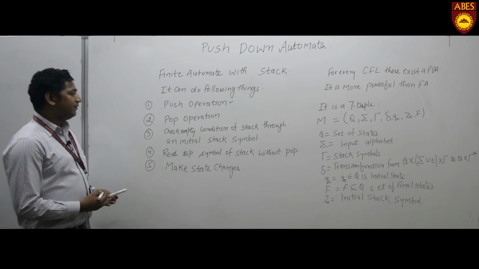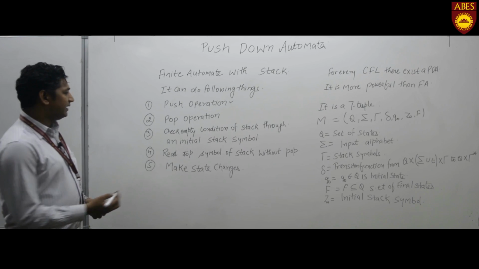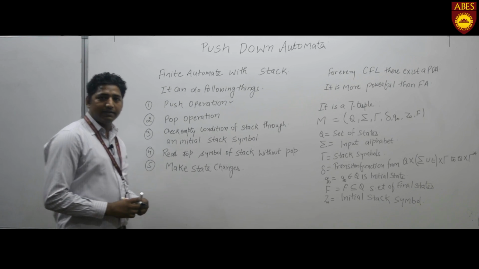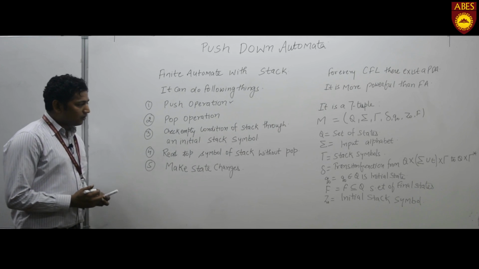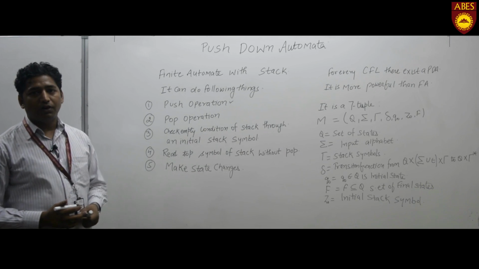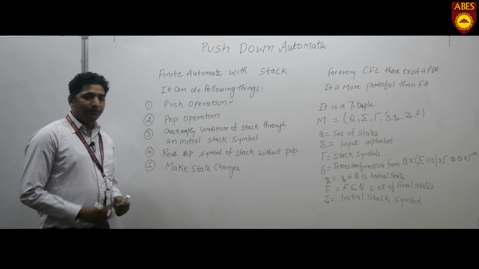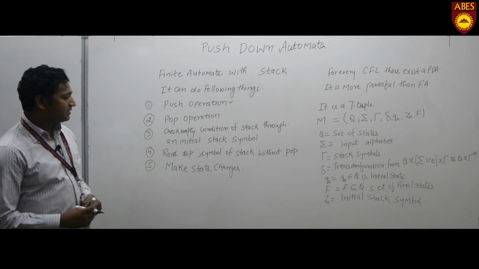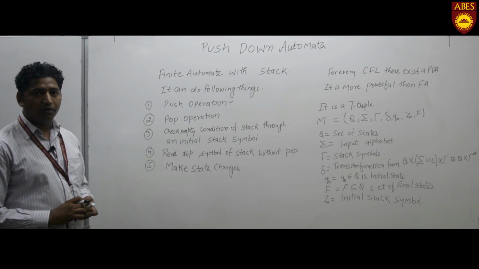Third, we can also check the empty condition of the stack with an initial stack symbol, that is Z0. Fourth, we can read the top symbol of the stack without any pop operation. And fifth, we can make state changes. These are the operations which we can perform on a PDA.